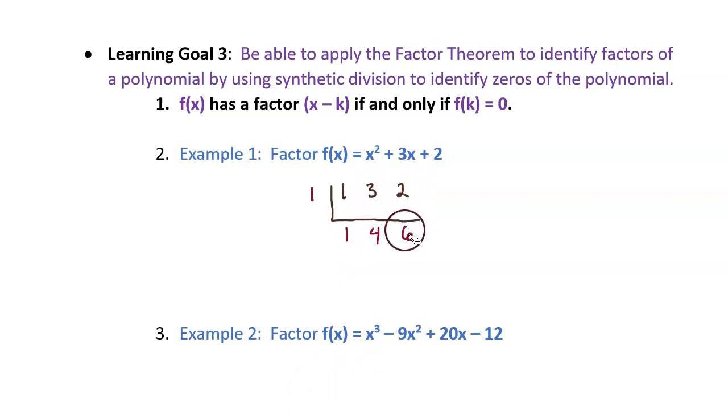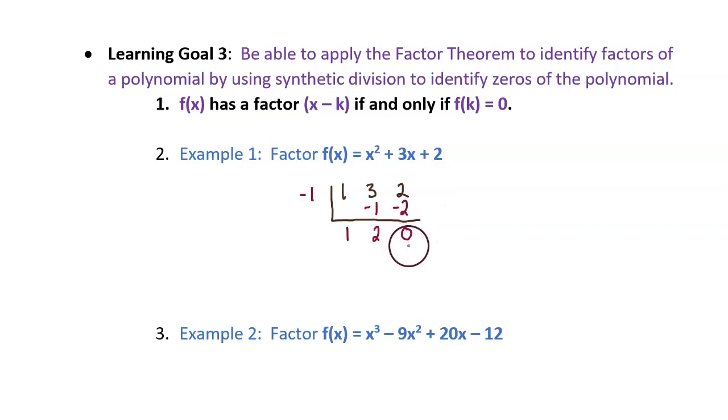So let me erase this, and instead I'm going to try -1 and see what happens. You bring down the 1 and now start multiplying and adding. 1 times -1 is -1. 3 plus -1 makes 2. 2 times -1 makes -2, and adding these together makes 0.